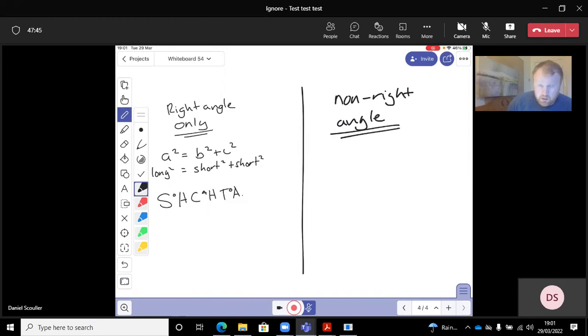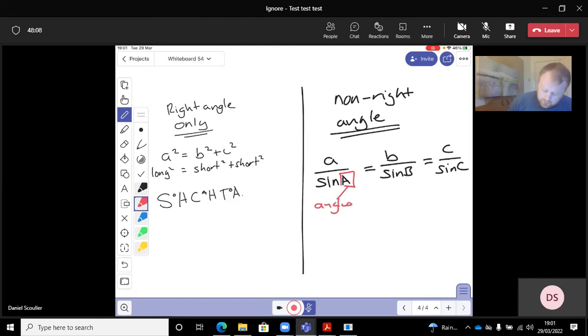Where there's not a right angle, where there's not a 90-degree angle, we use these rules. Where your capitals are your angles, and your small letters are your pairing sides. Remember we looked for matching pairs.